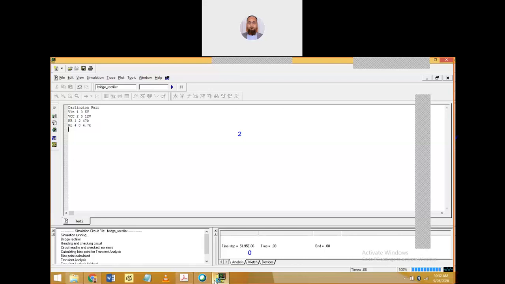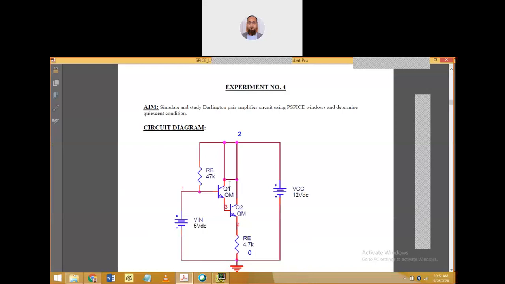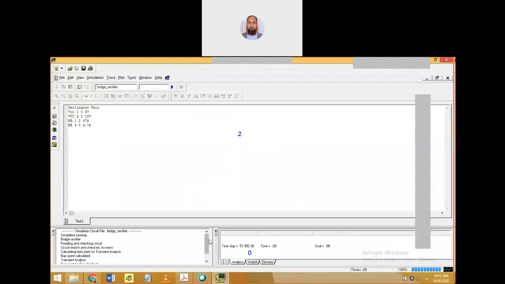Next comes the BJT. Let's define Q1. Q1 base is connected to 1, collector is connected to 2, emitter is connected to 3. So we write CBE: Q1, C is 2, B is 1, E is 3, and the model name is QN.